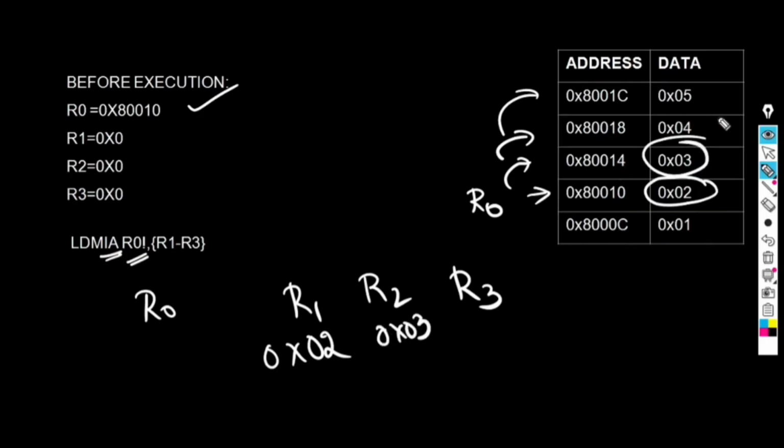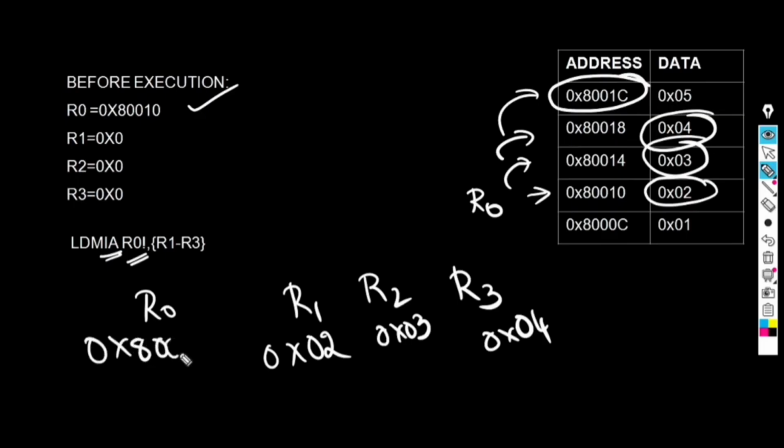Next increment and load the next value, 0x04. But because it is increment after, after this loading you have to increment to the next location, because of which 0x8001C is the address which will be updated in R0.